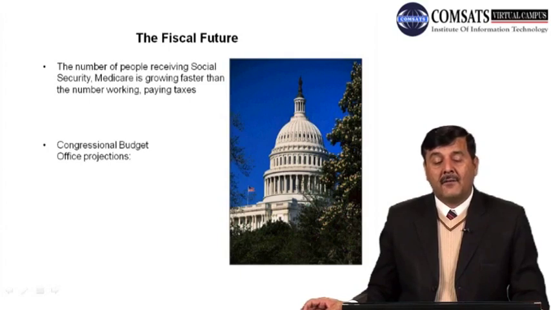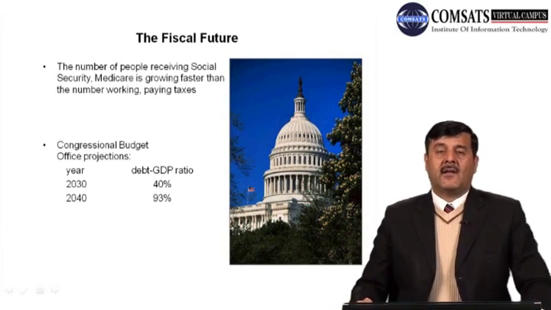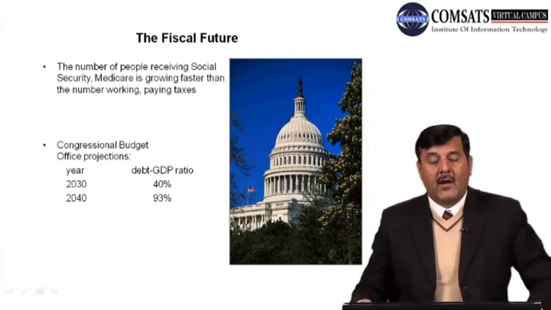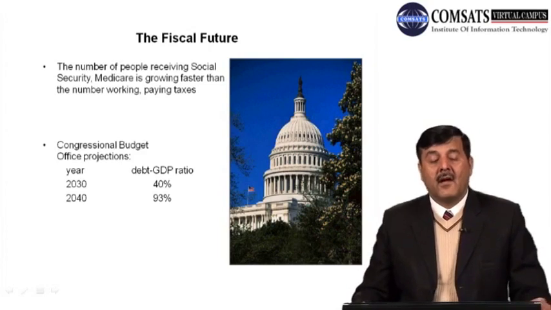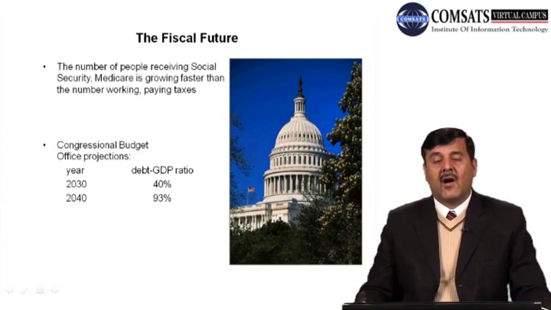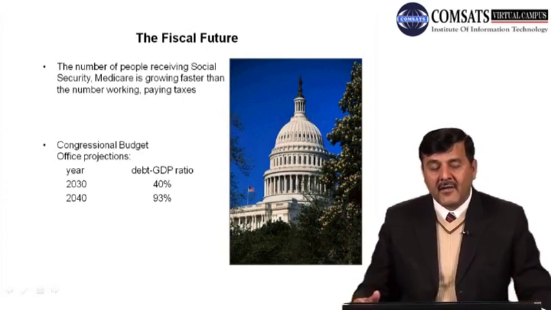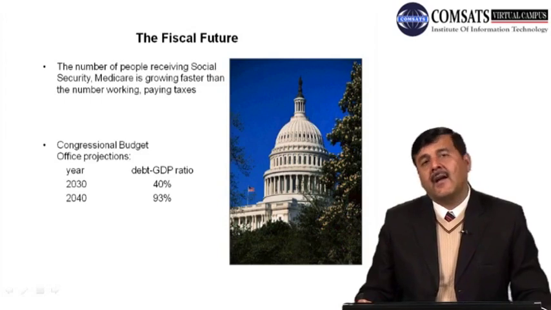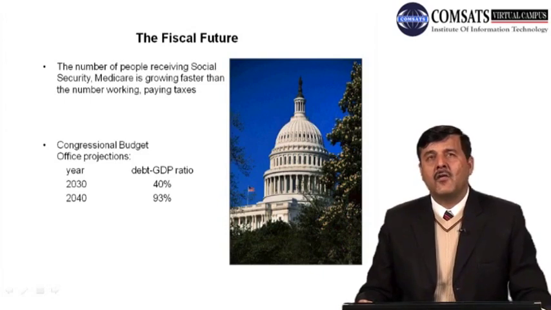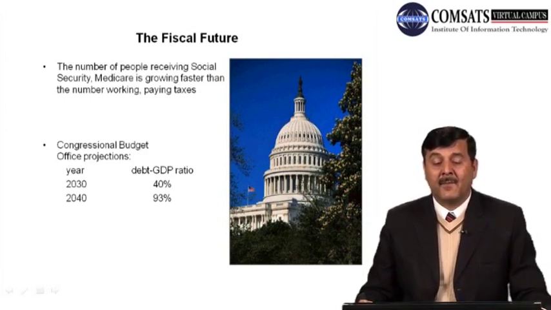So after that, if we talk about some of the projections, and that is by the Congressional Budget Office, they have official projections about the debt-GDP ratio of the US economy. क्या projections हैं? They project that by 2030 the debt-GDP ratio in the US economy will be 40%. In 2040 they are projecting that the ratio will go up from 40 to 93%.